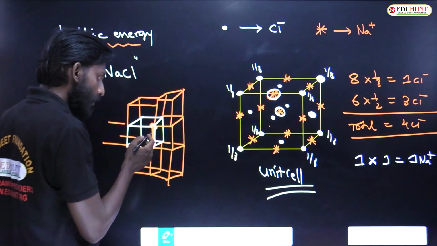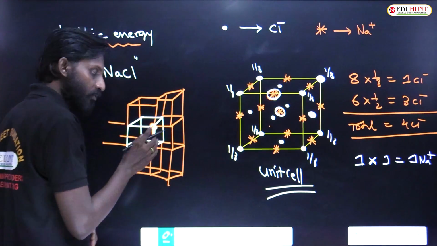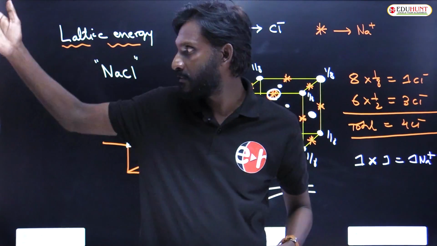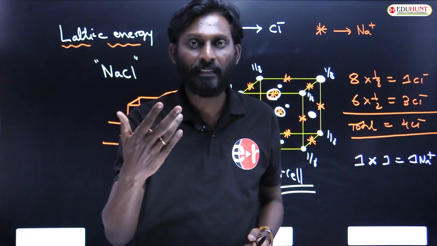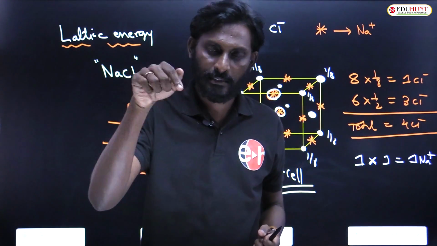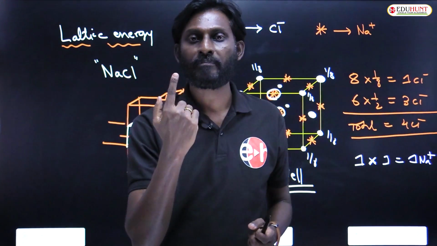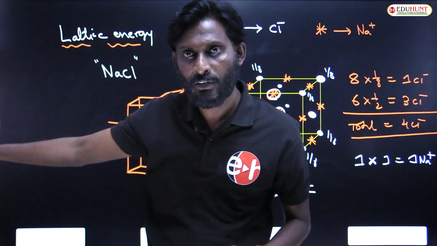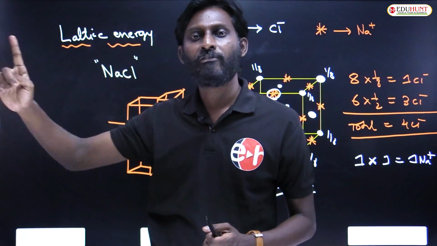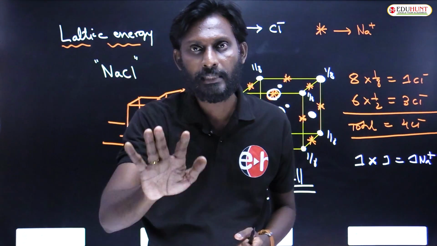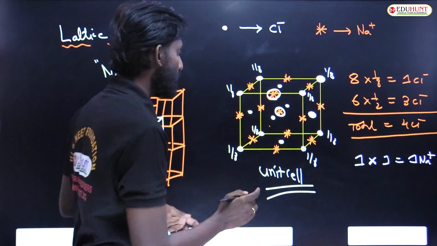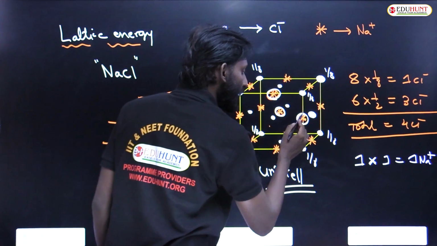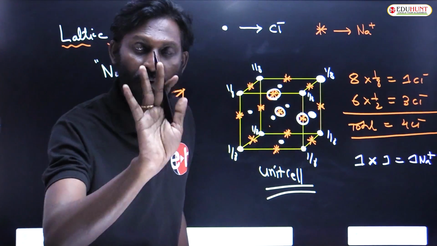So this edge is common to the 4 unit cells. Imagine the room you are in: on the same floor there are 4 rooms, so the edge of your room is common to the 4 rooms present on the same floor. So the particle present at the edge center is shared by 4 unit cells.